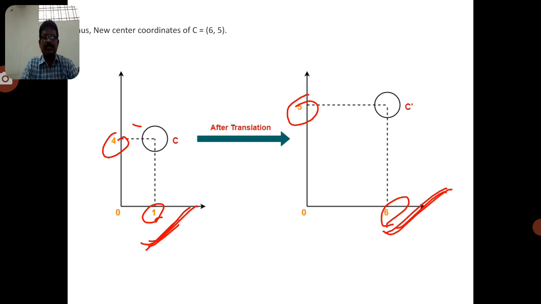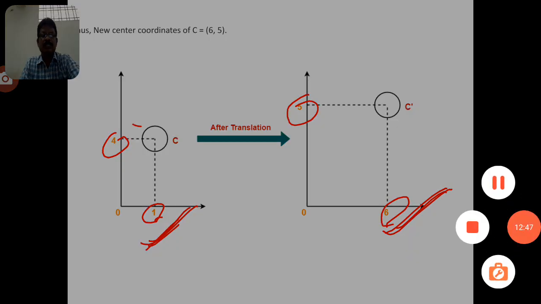Translation is the technique which moves the object from one place to another, one position to another position, in the 2D plane, where we apply the initial coordinates. So after applying the translation technique, we can finally derive a new position. So that is using the translation.